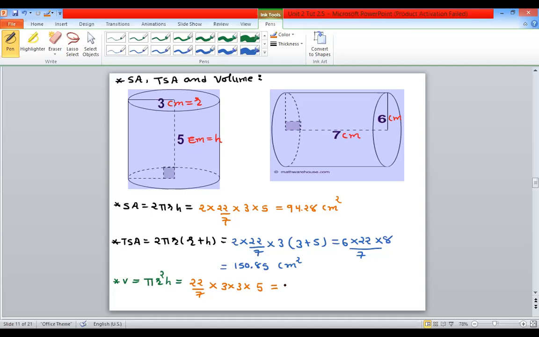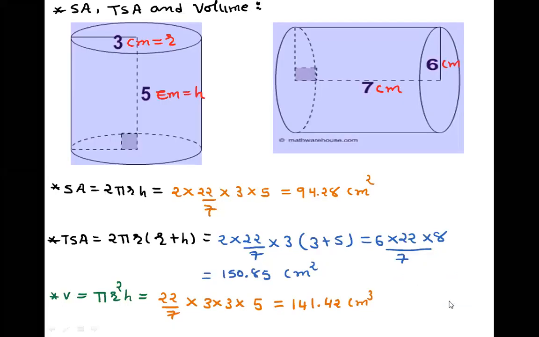So it is 141.42. Volume always represents 3 quantities, r square, that means centimeter into centimeter, and h also in centimeter. So it is centimeter cube. So these are the examples. Hope you are clear?